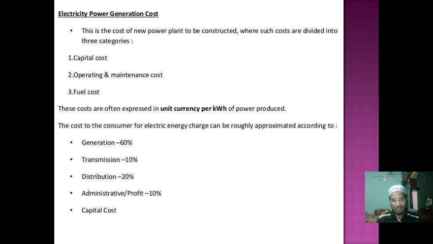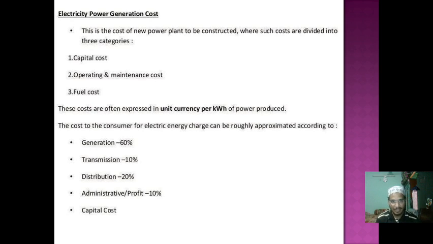Capital cost, operating and maintenance cost, fuel cost. These are the three different things we have to take care of, and after that our profit will be there. Capital cost must be in your power generation cost, along with operating and maintenance cost, because we are producing the power.